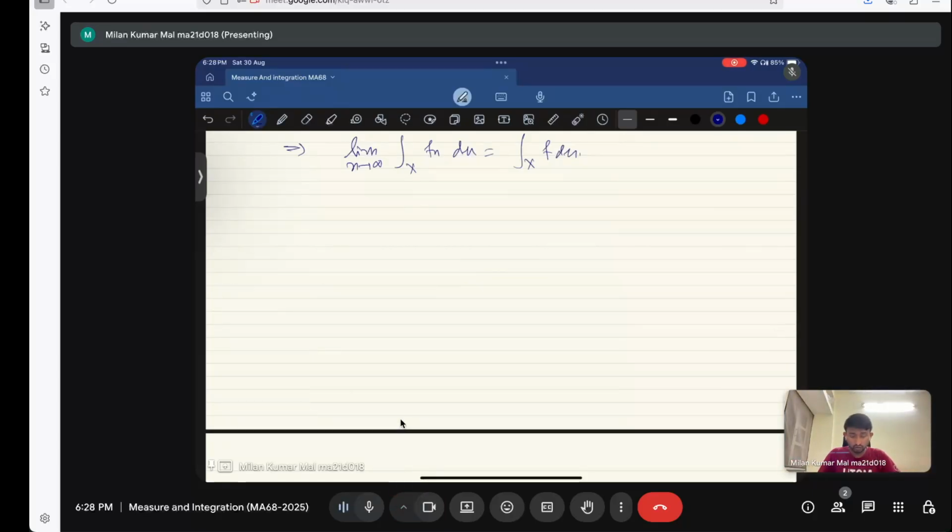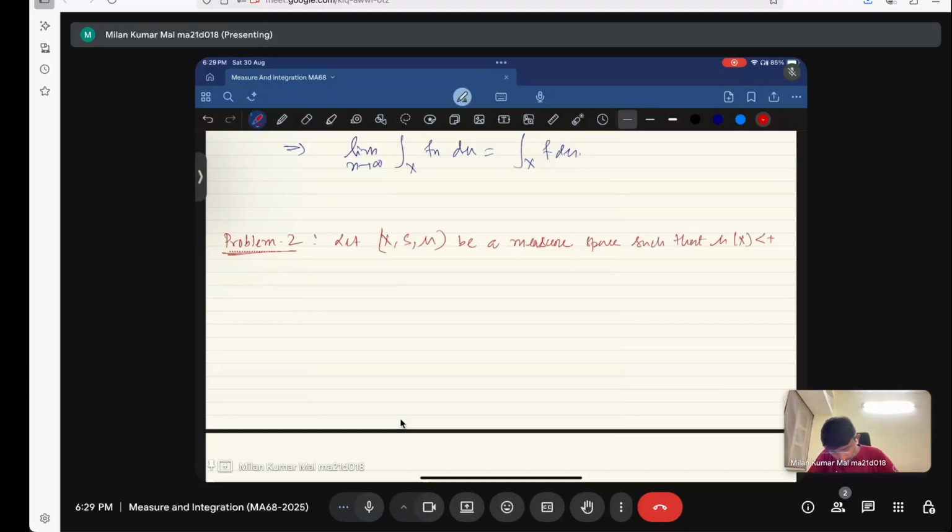So let's try to solve another problem. Let (X, S, mu) be a measure space such that mu of X is finite.